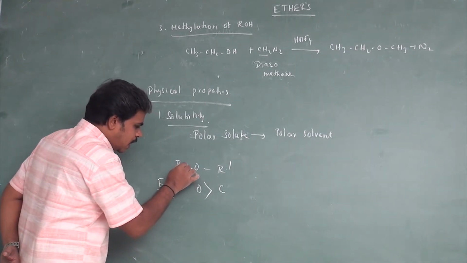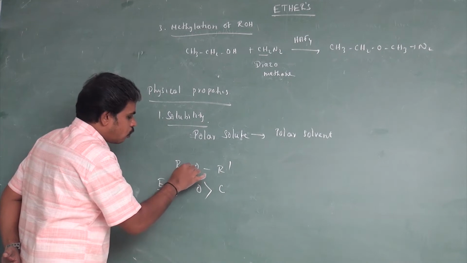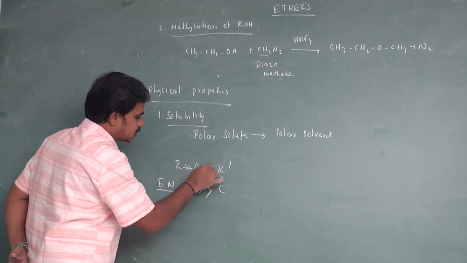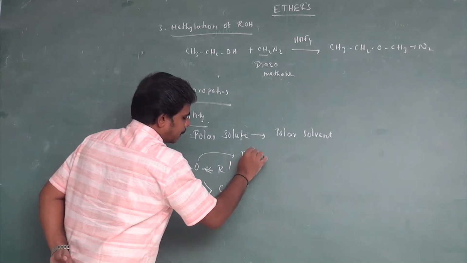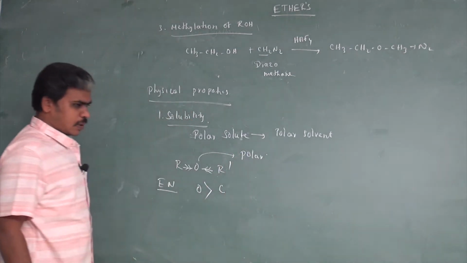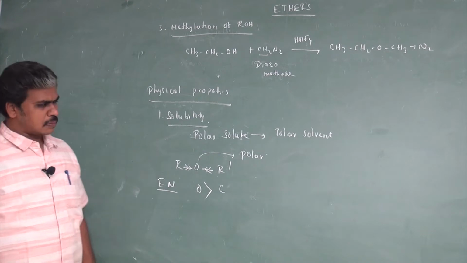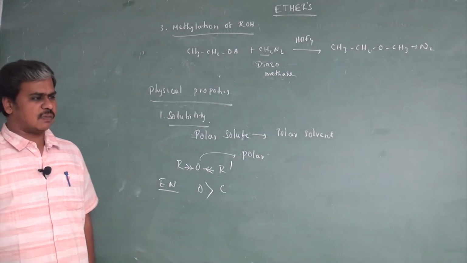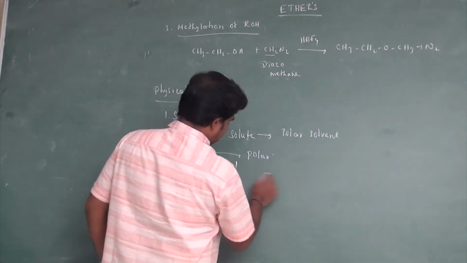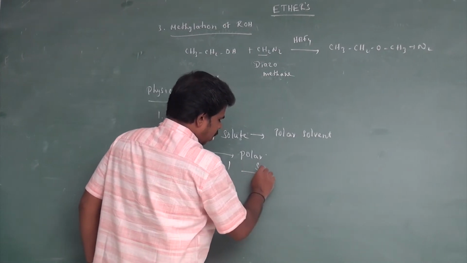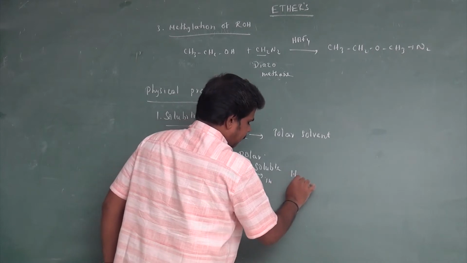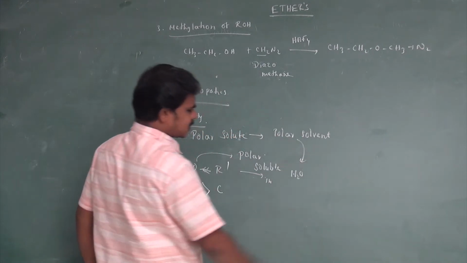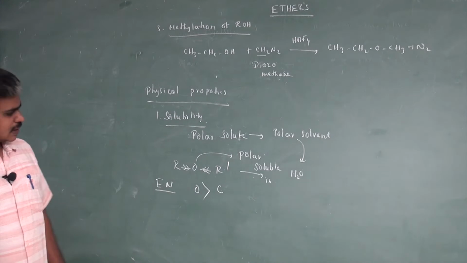The bond pair of electrons will move towards oxygen so that the bond becomes polar. It is a polar component. So if it is a polar component, it is soluble in polar solvent. Polar solvent is like water. So it is soluble in water because it is a polar solvent.